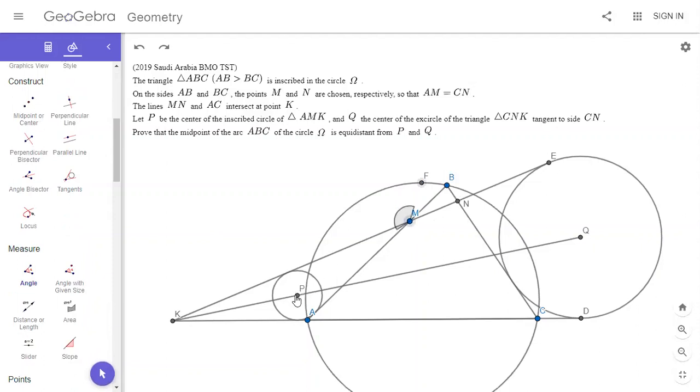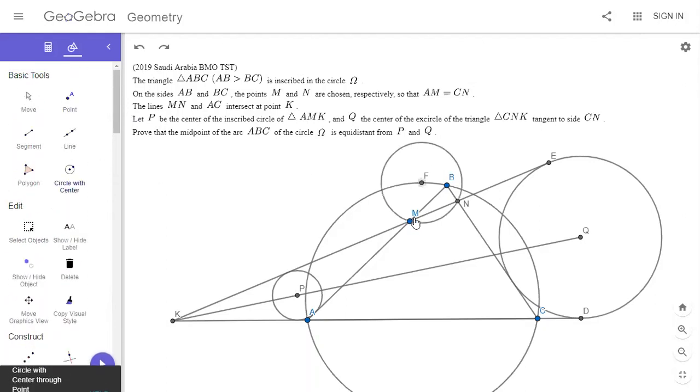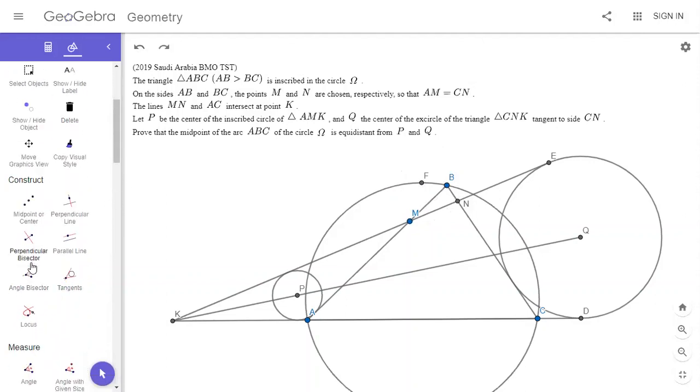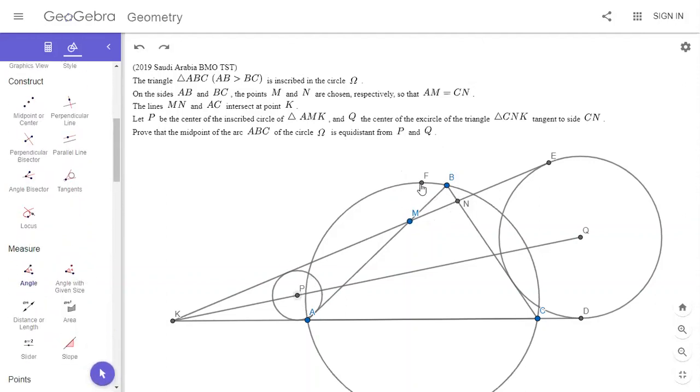So I'm going to check it out. No, they're not congruent. They just have two of the same sides, which is interesting. That is interesting.